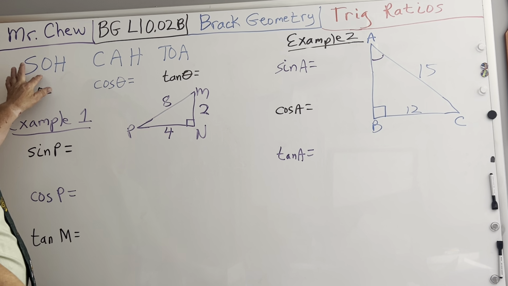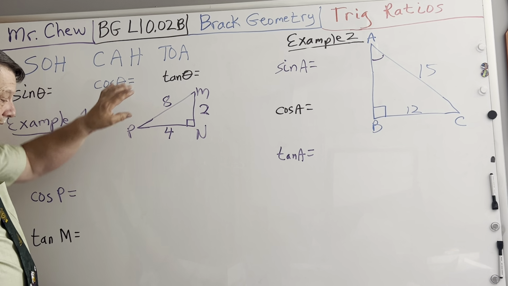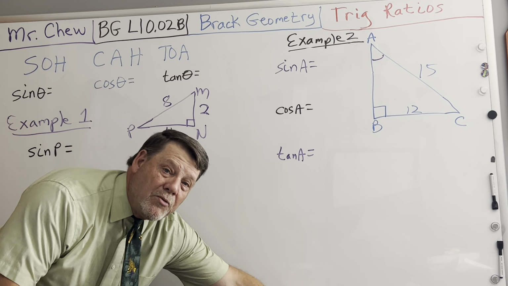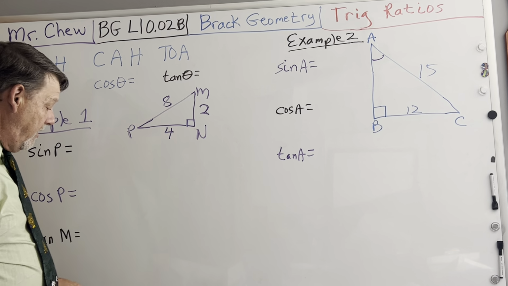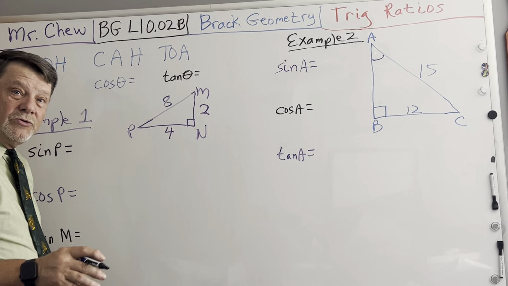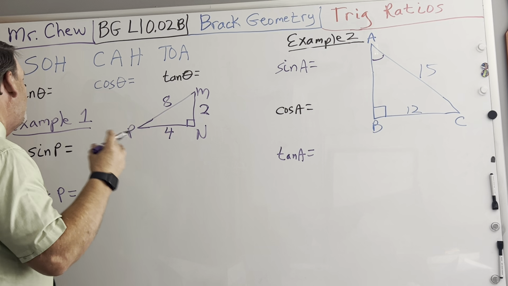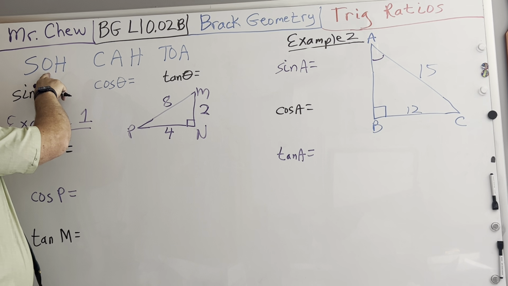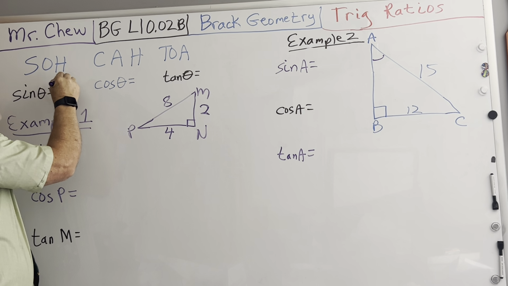All right. So what does SOH CAH TOA mean? It is just a way to remember all of the different trig ratios. They're not proportions. The O stands for opposite.